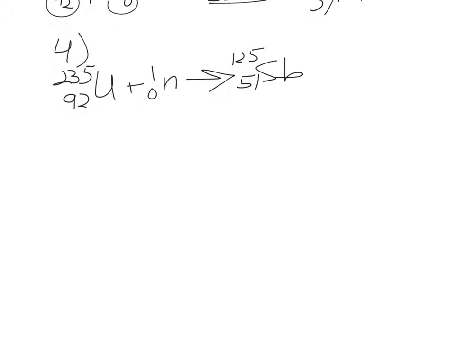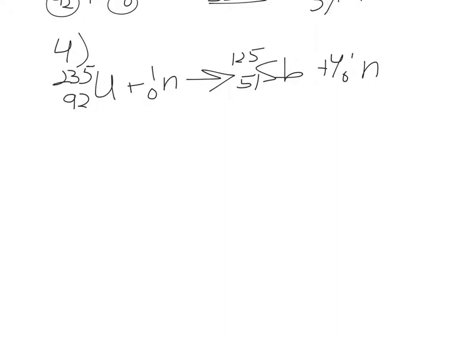Right there. Okay, so antimony 125 is produced, and 4 neutrons, plus 4. Excuse me, I combined two steps there. 4 neutrons. Each neutron is 1, 0.